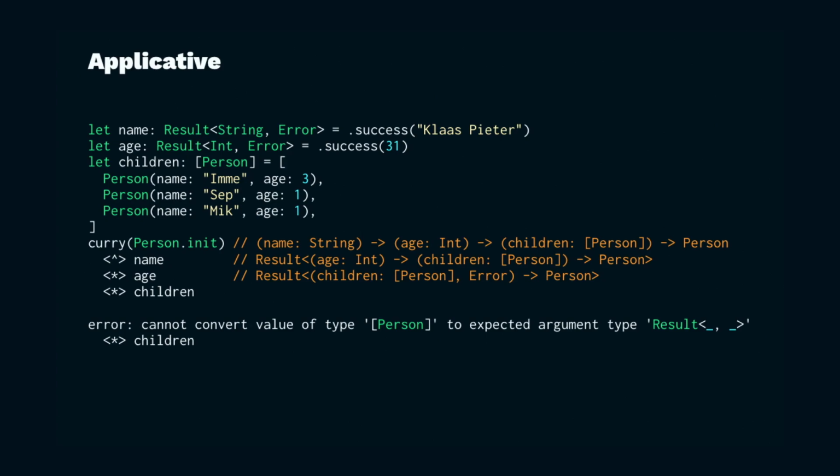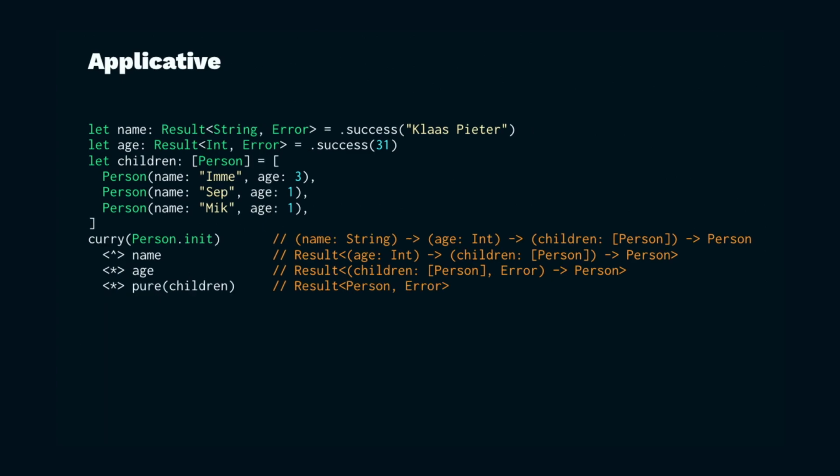Like I said, Swift would automatically solve this for us because as soon as it sees something that's not optional, it will just lift it to an optional for you. It can't do that for third-party types, unfortunately. So we use pure, and all it does is lift that children array into our applicative context.